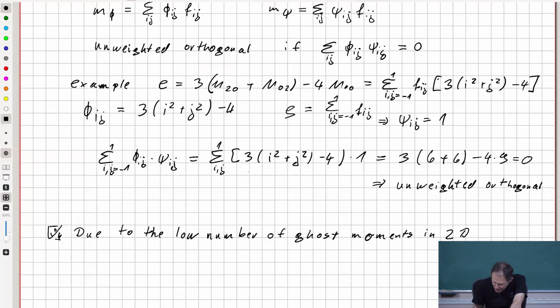So it does not make it much better, and it does not make it much worse. This is something that I want to write out so that it's not forgotten. So the orthogonalization has some effect that you can also see, but the effect is not large.